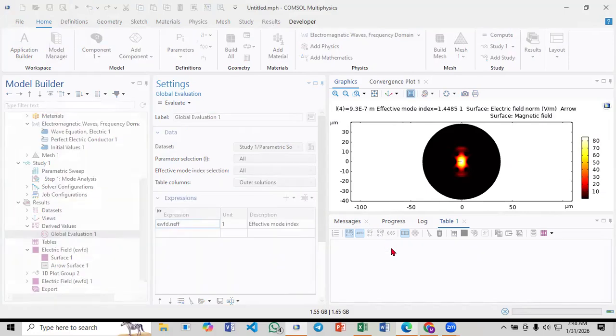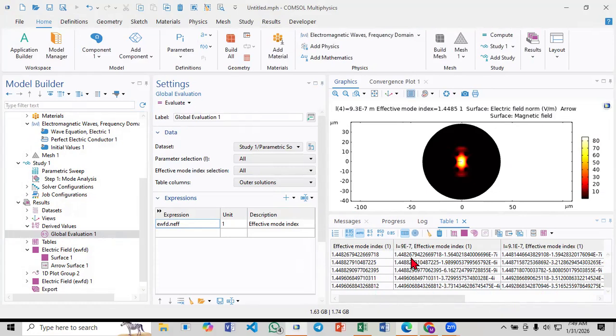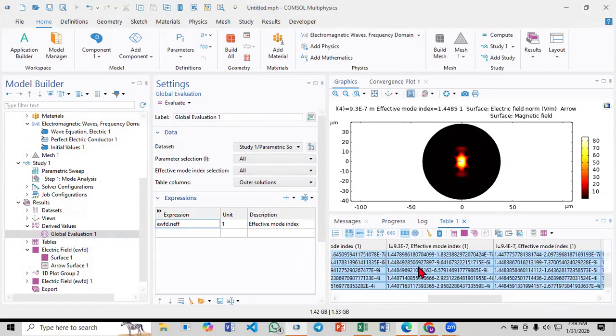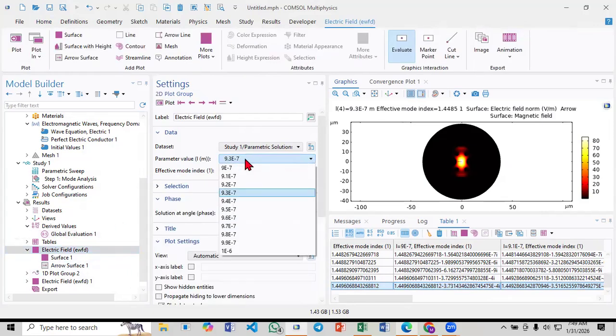So let me check. Okay, here we actually take 10 modes. For 900 nanometer, you can see that 10 modes are appearing here. For 910 nanometer, 10 modes are appearing, and for 920, 930, 940.